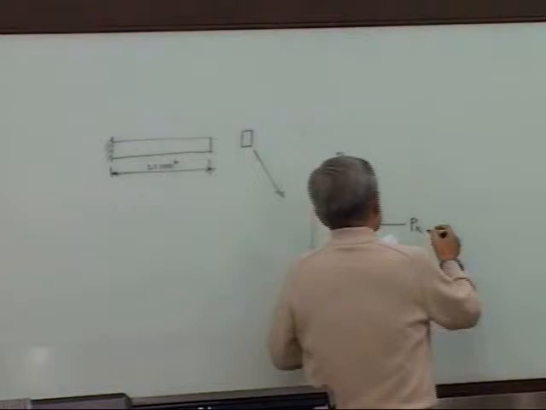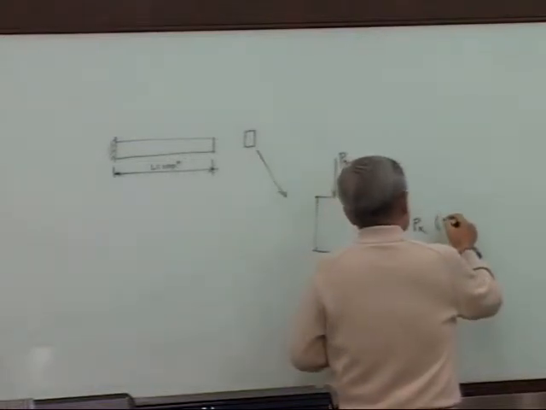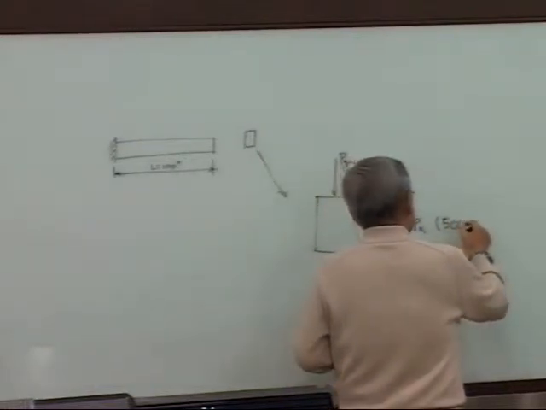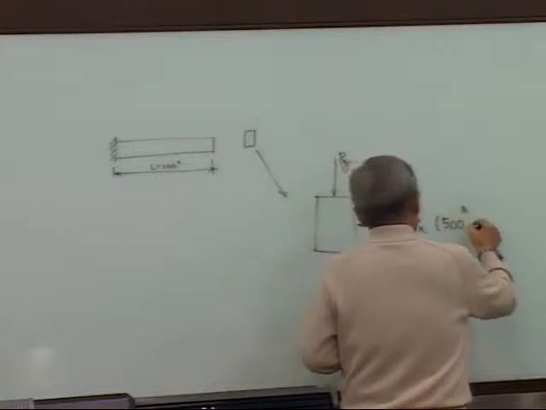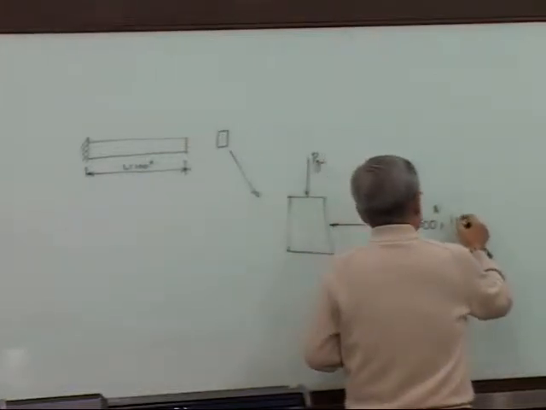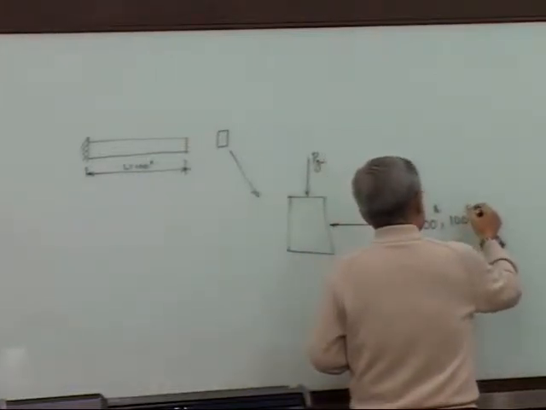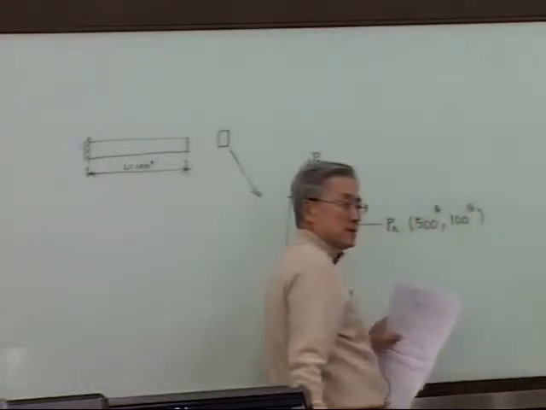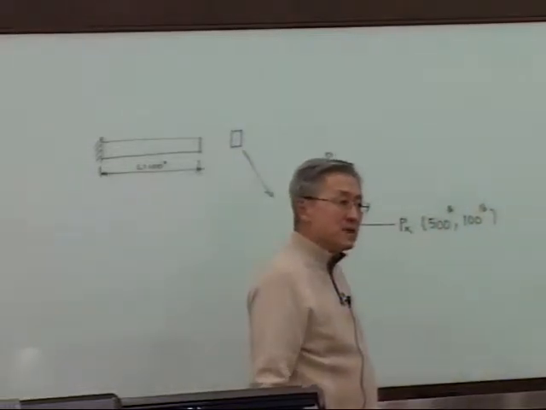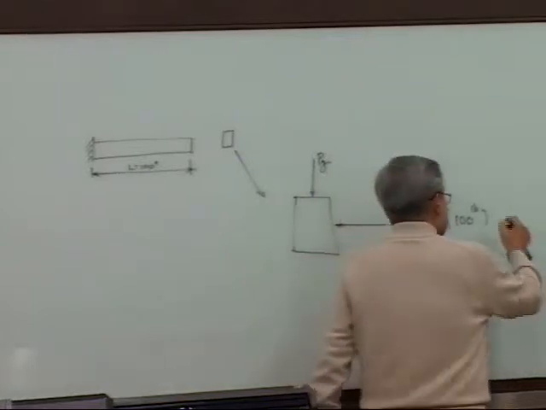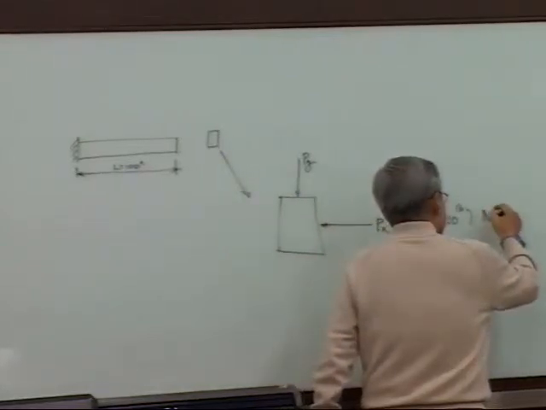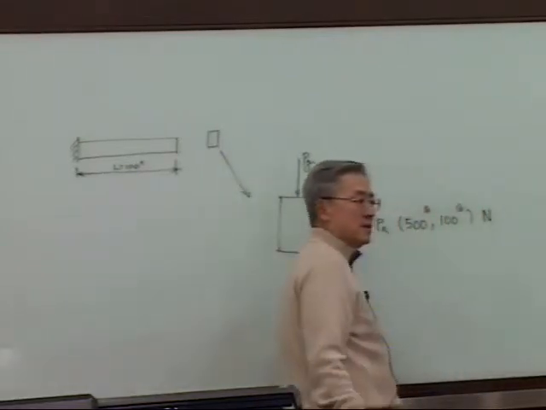So in this case, this is 500 pound and 100 pound. So what does it mean? Mean and standard deviation. So we're going to use all normal.